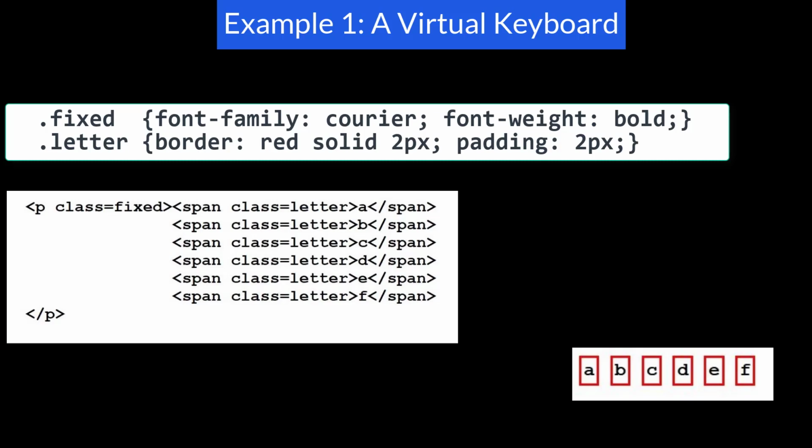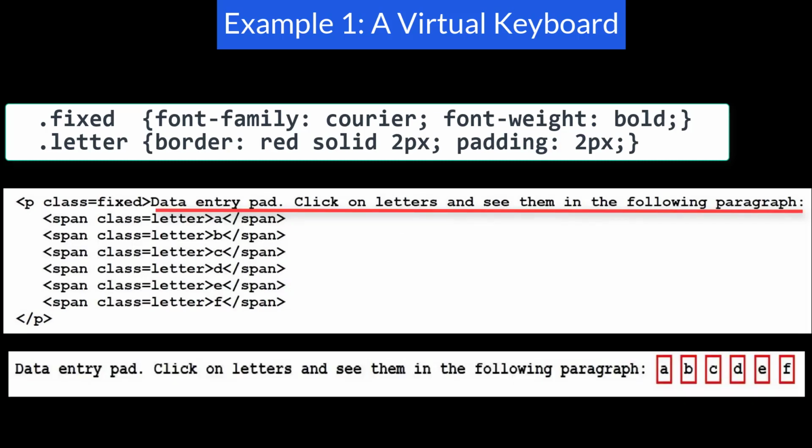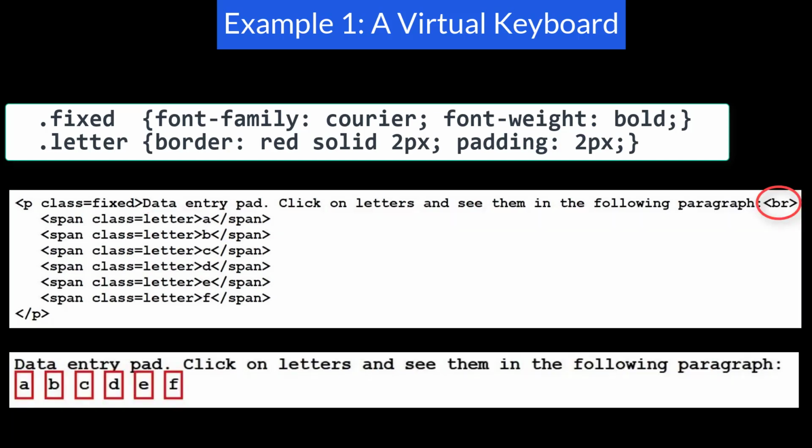Now, it might help the user to get an indication of what to do. So maybe add this text, which then displays this way. Might be better if the keypad letters, for there will be more, started on a new line. So now we get this, yielding this display.